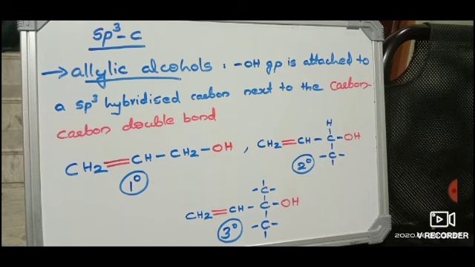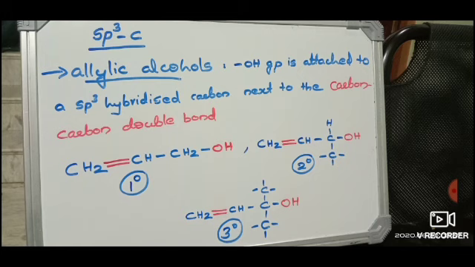another type of alcohols, if OH group is attached to sp3 hybridized carbon atom, it is allylic alcohol. That is, OH group is attached to an sp3 hybridized carbon atom which is very close to a carbon-carbon double bonded carbon atom, which is next to a carbon-carbon double bond.